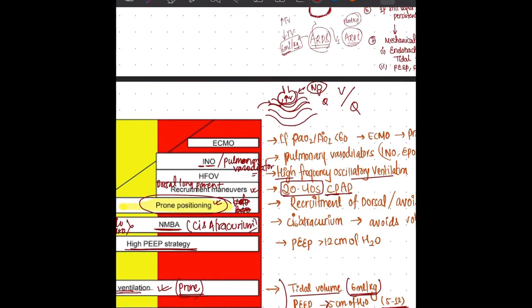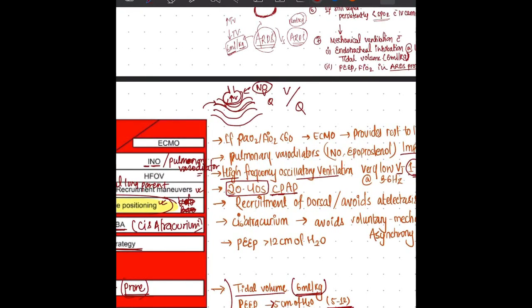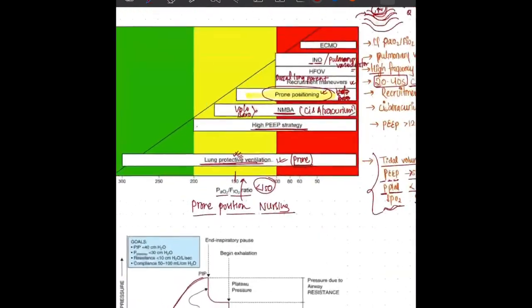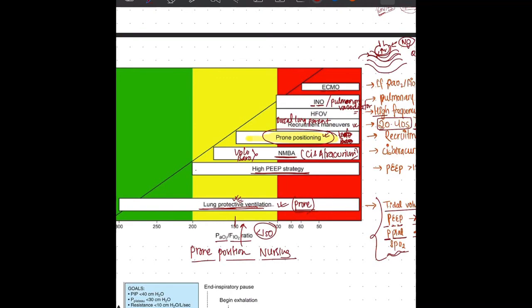Finally, even if this does not work, you can give a complete rest to the lung and use extracorporeal membrane oxygenation, in which another device is used to exchange gases, that is ECMO. So this is the management of ARDS in COVID-19. Except for the fact that prone position is started early, the ARDS of COVID-19 management is very similar to any other ARDS.